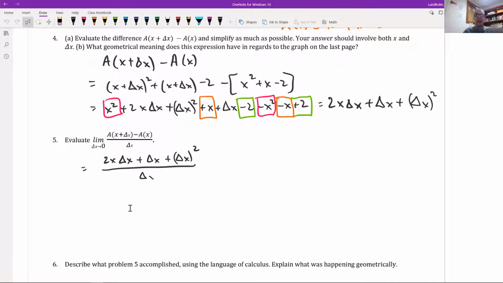Over delta x, and yeah, we can divide through by delta x and just get 2x plus 1 plus delta x. As we take the limit as delta x goes to 0 of this function, we get 2x plus 1.